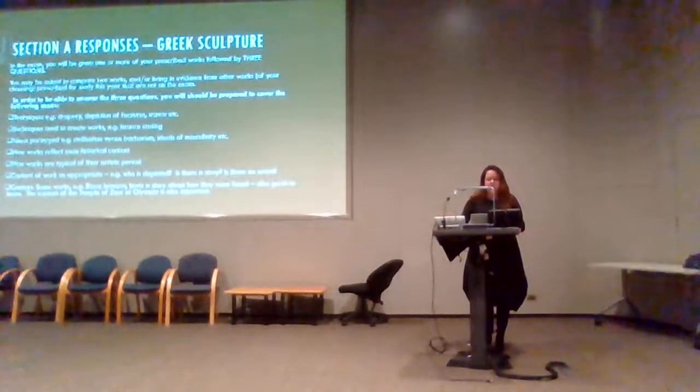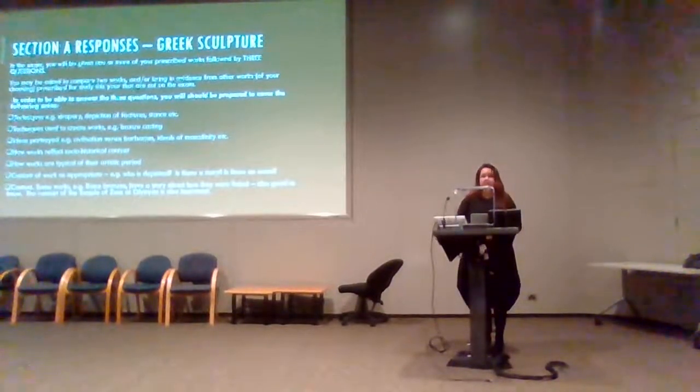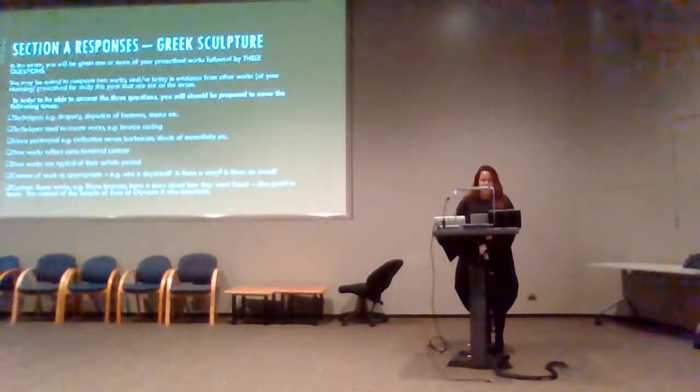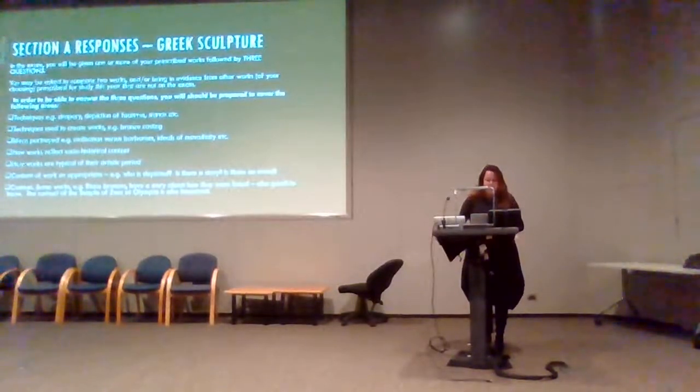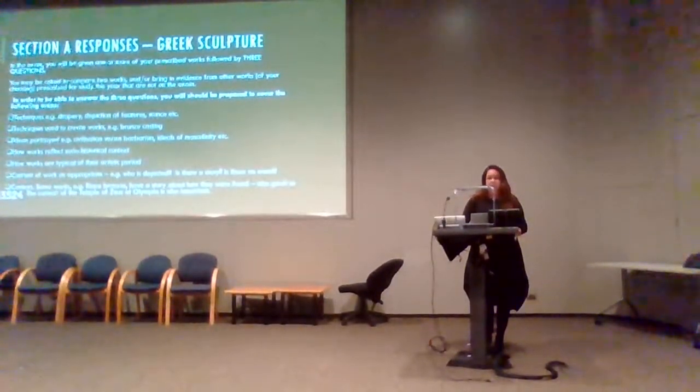Techniques, and thinking about techniques as being 2 different kinds of techniques. So for example, the actual depiction of artistic techniques, and then the techniques used to create the works, such as bronze casting. Then ideas, how the works reflect socio-historical context, how the works are typical of their artistic period, and the content of the works.